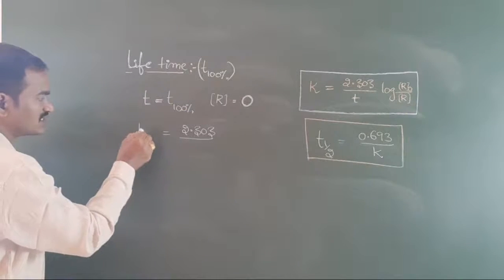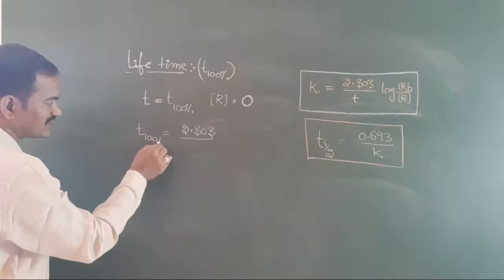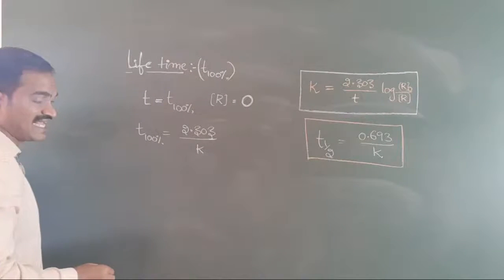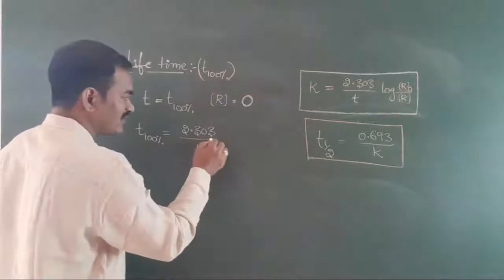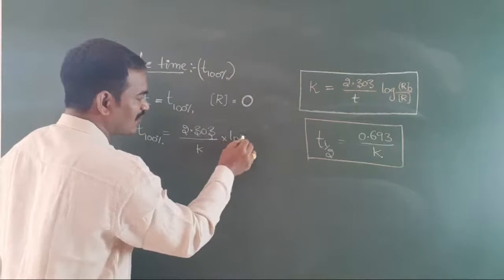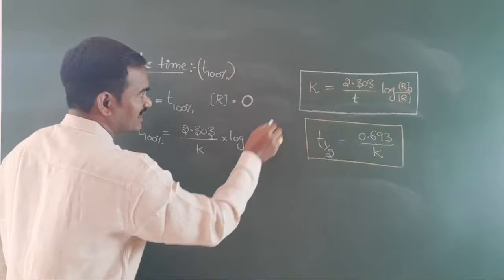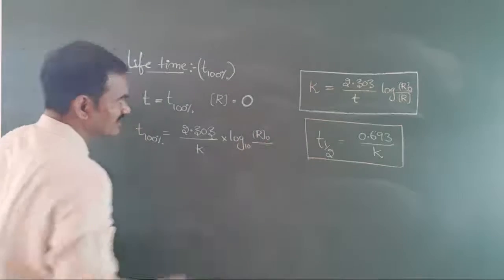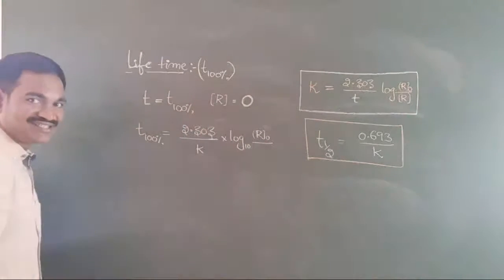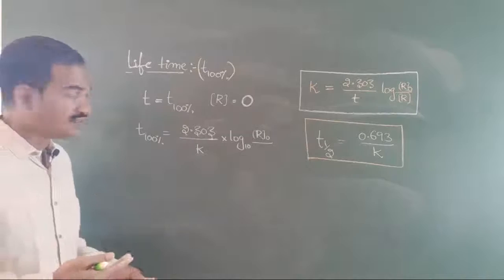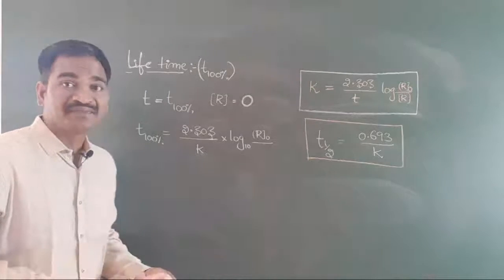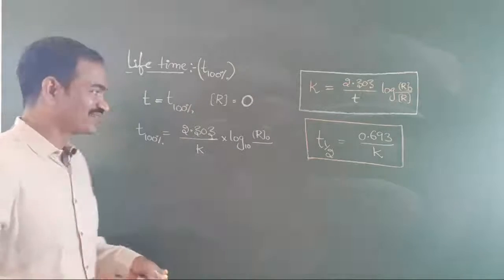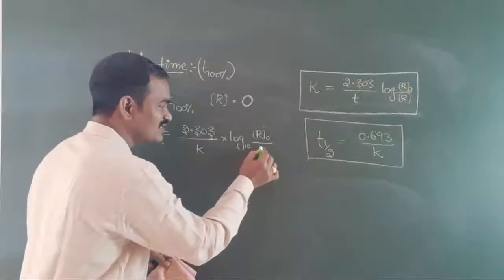So T 100% is equal to 2.303 by K into log base 10 of initial concentration by R. The initial concentration we can't change, but the R value is 0, because after lifetime the reactant concentration becomes 0.